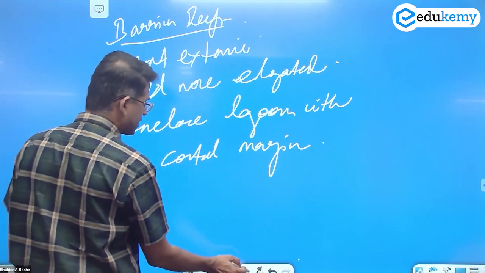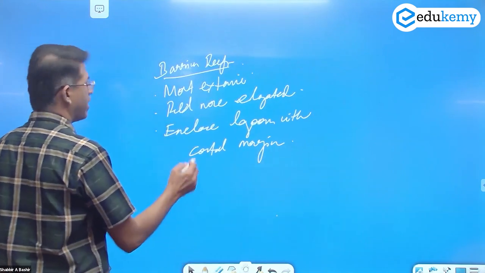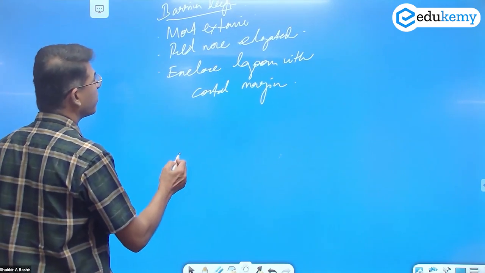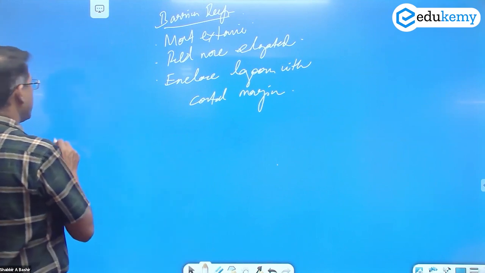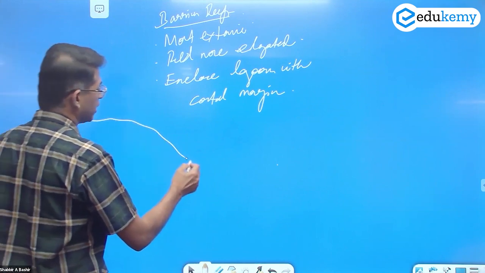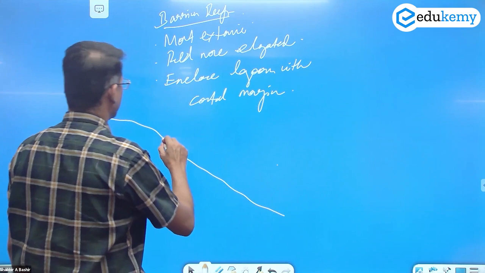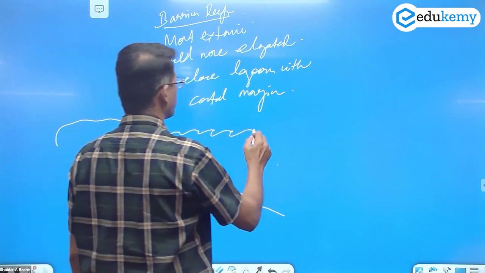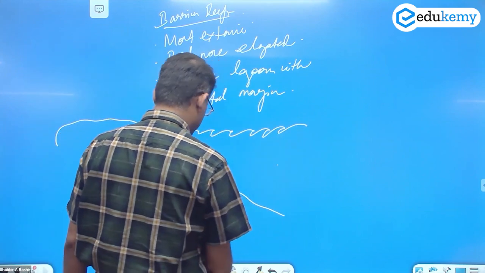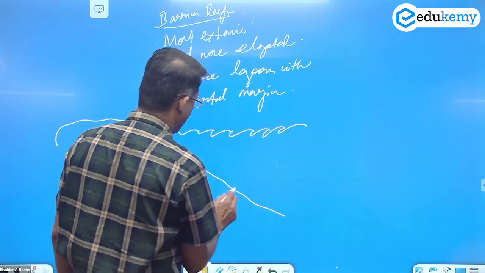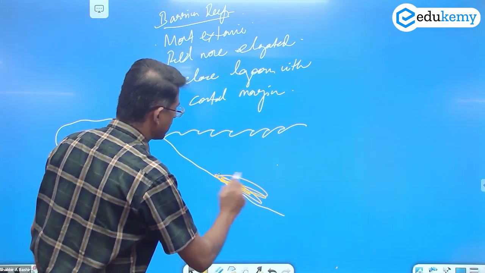तो दिखने में कैसा है बैरियर रीफ? तो अगर ये आइलैंड है, कोस्ट है, द शेल्फ इज हियर, ये ओशन वाटर है, द बैरियर रीफ्स आर हियर. These are the barrier reefs.